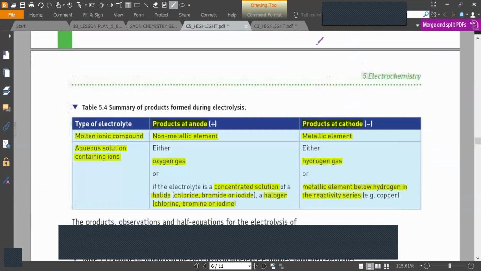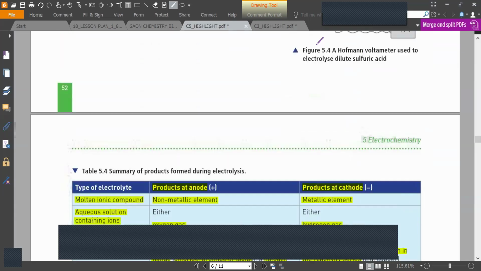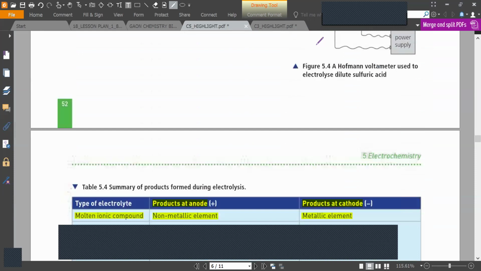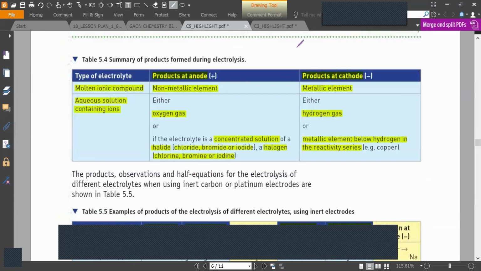So we'll move on first. We will compare the molten situation and the aqueous situation. In this example, in the molten situation we just have sodium and chloride. In the aqueous situation, we will have sodium, chloride, and then we also have hydrogen ion and hydroxide ion coming from the water.